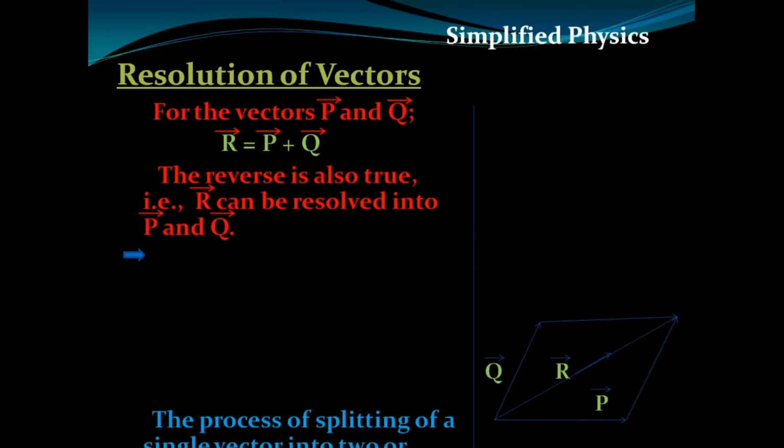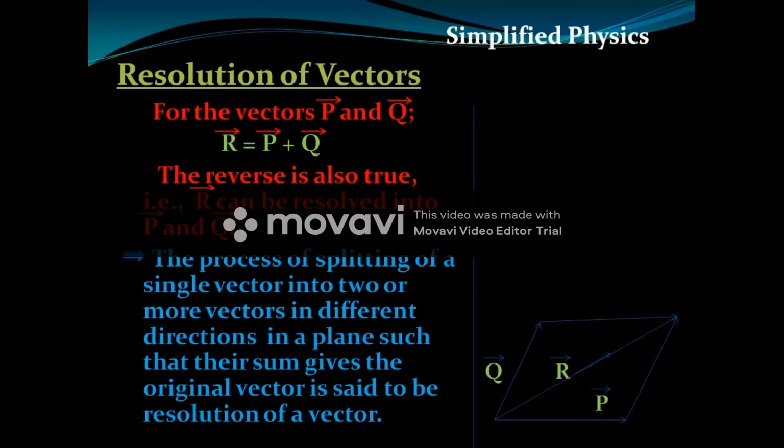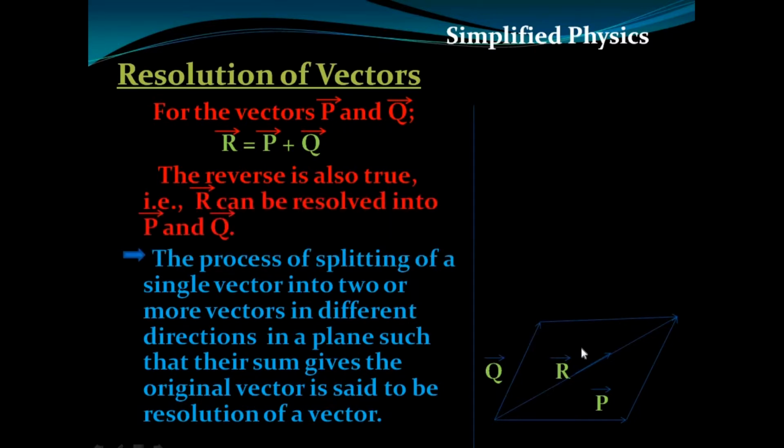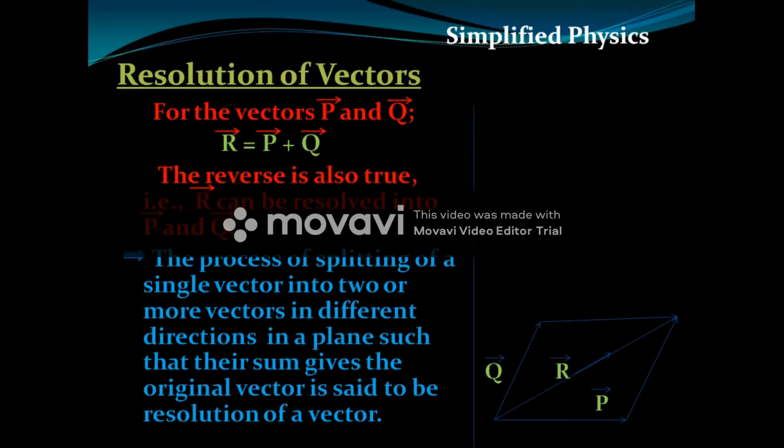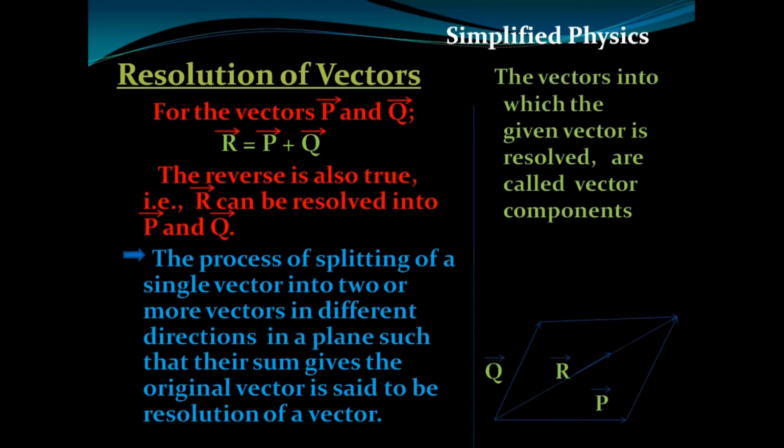This process is in fact called resolution of a vector. The process of splitting a single vector into two vectors, as in this example, or more vectors, such that the sum gives the original vector r, is called resolution of a vector.